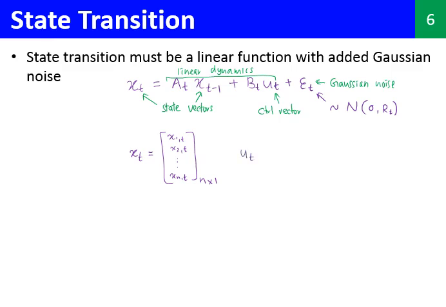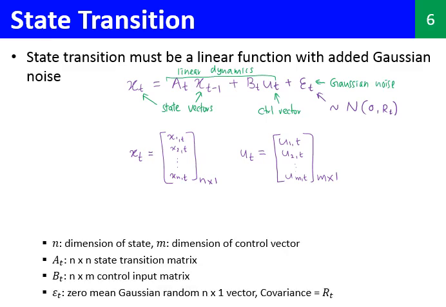That means ut would be u1t, u2t, up to umt. So this is m by 1. And for the rest of the matrices, A will be an n by n matrix to be compatible with the above equation. Then B would be an n by m matrix. The uncertainty in state transition is given by this epsilon vector.